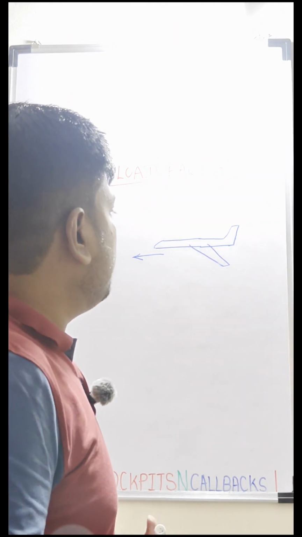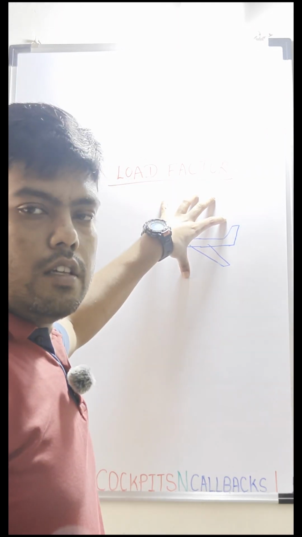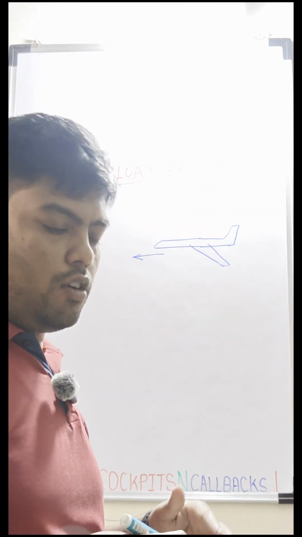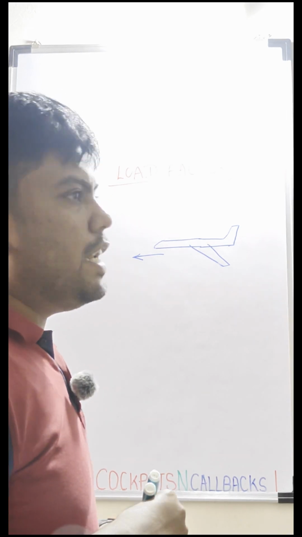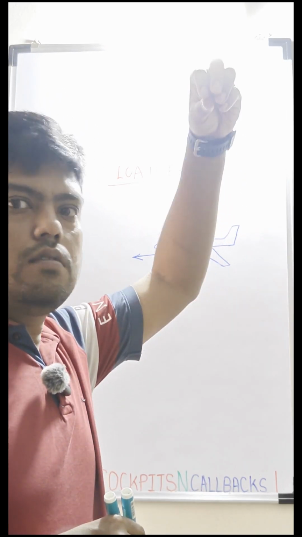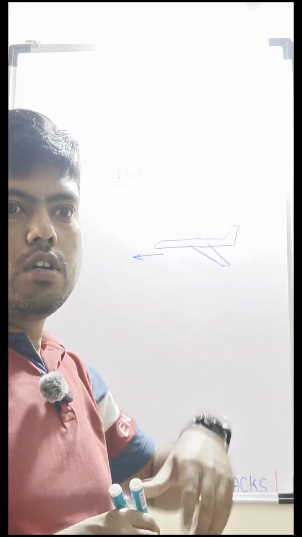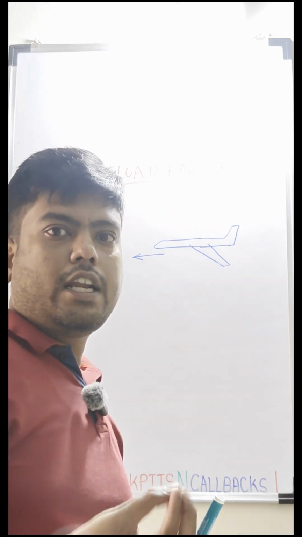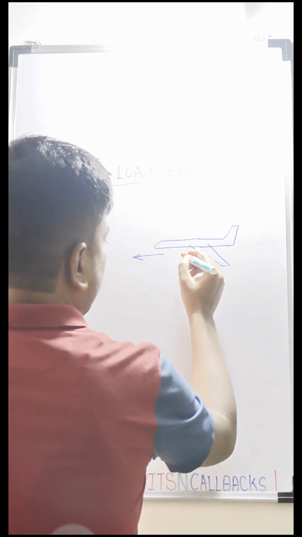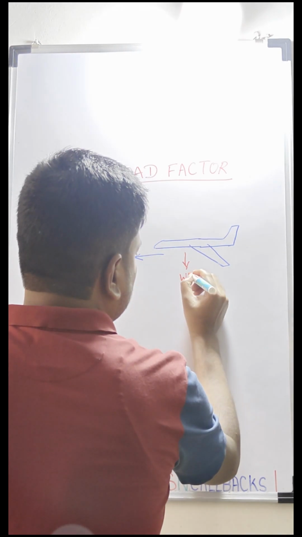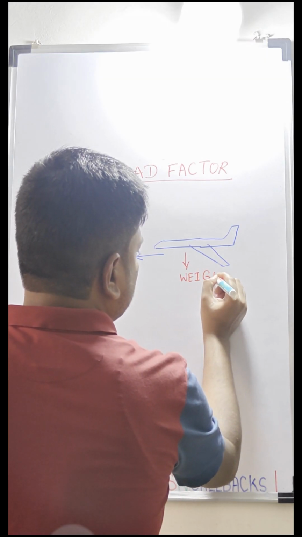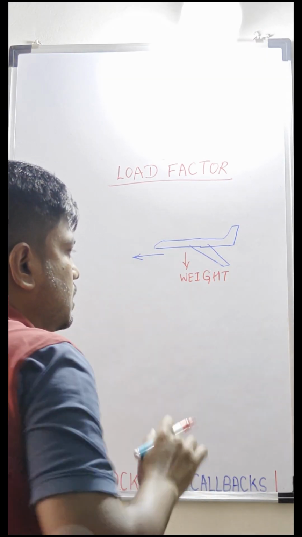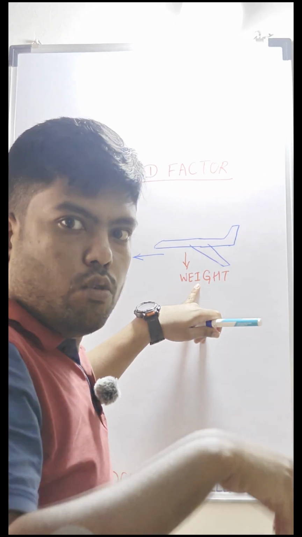Now, just to keep this aircraft in the air, there will be certain forces acting on it. For any object that is in the air, above the ground, there is one force that naturally acts on it, that is weight. The weight is acting on this aircraft downwards.